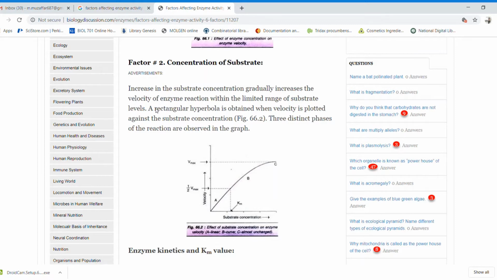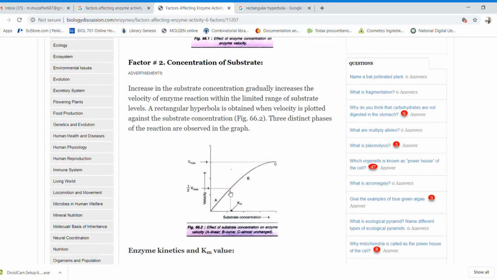You can see a rectangular hyperbola. Hyperbola means the plot that we get is a rectangular hyperbola. How is it a rectangular hyperbola? When we get this curve and we extrapolate this line, we get a rectangular plot, right? Not exactly a rectangle, but a four-sided figure that is perpendicular to the line that we have got.